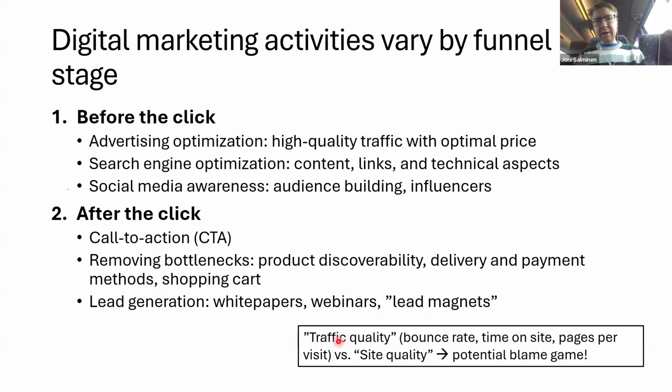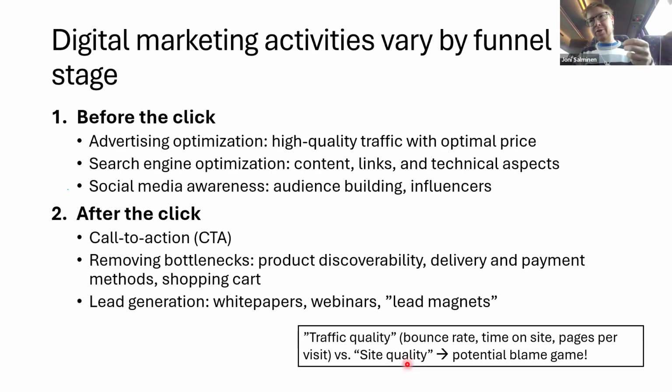And there's an interesting dynamic in digital marketing teams when it comes to these pre- and post-click behaviors, namely that when performance is low, you might have a kind of blame game happening, where the people who are in charge of traffic say that the website quality is bad or the offering is bad, like the product is bad.